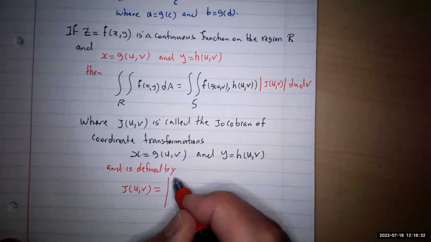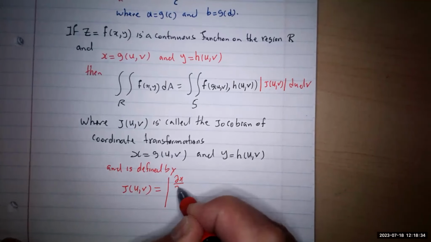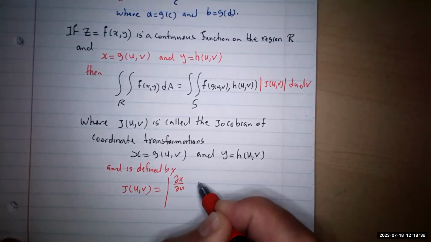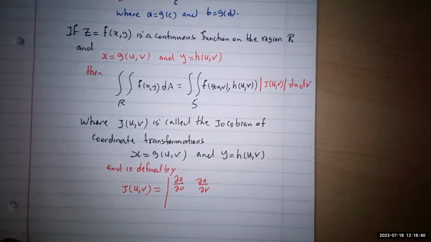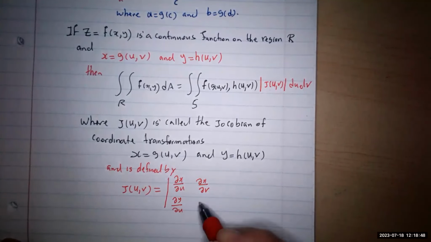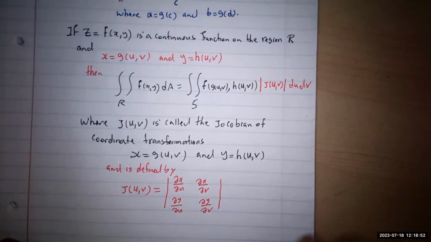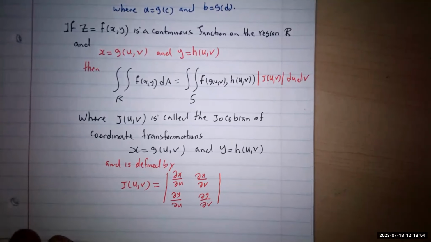The matrix is going to be rho x, rho u; rho x, rho v; and the second row is going to be rho y, rho u; and rho y, rho v. Determinant of this matrix, okay?